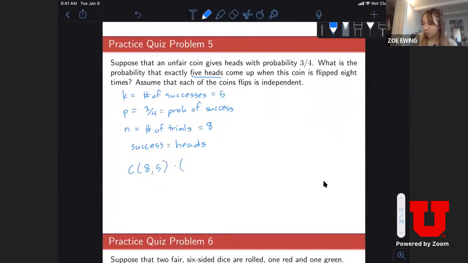And then we want to multiply by the probability of a success to the power of 5, because we have 5 successes, and the probability of a failure to the power of 3, because that's the remaining options. Okay, and there we go. We can leave it in this form or we can multiply it out, but we'll just leave it how it is for now.